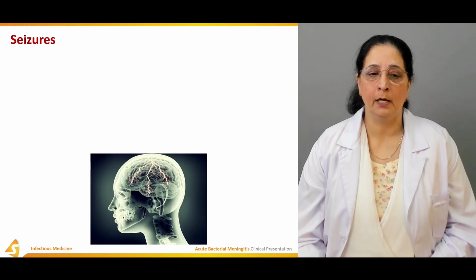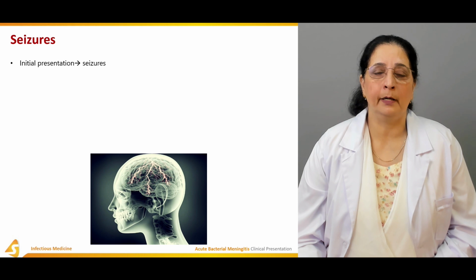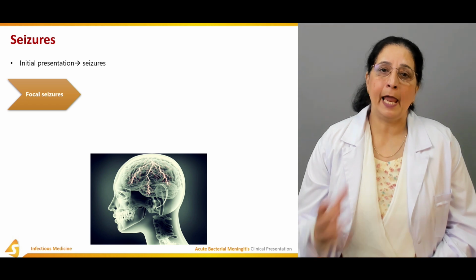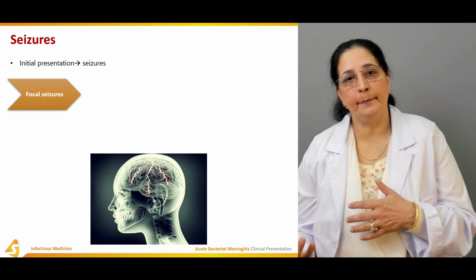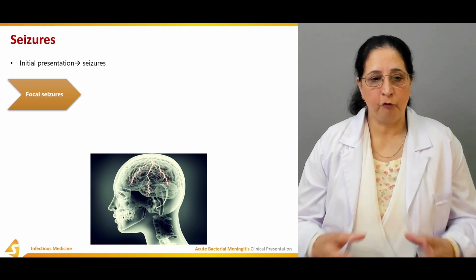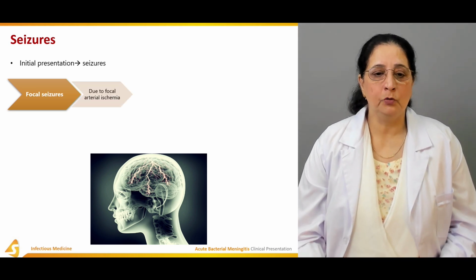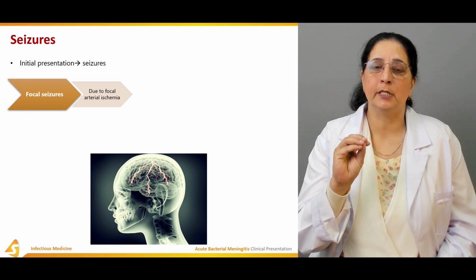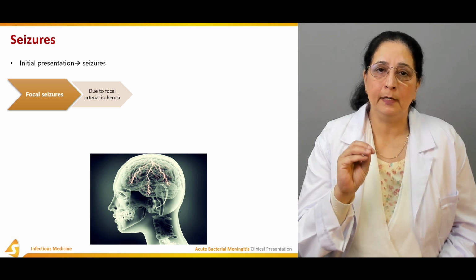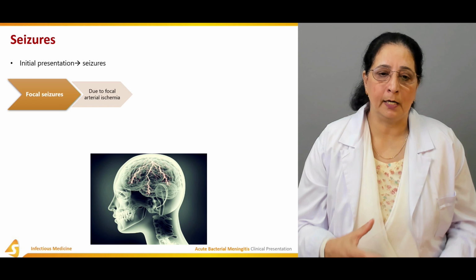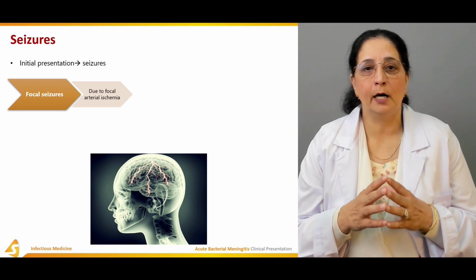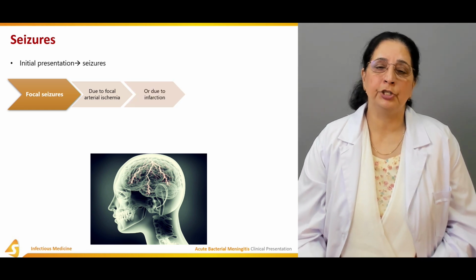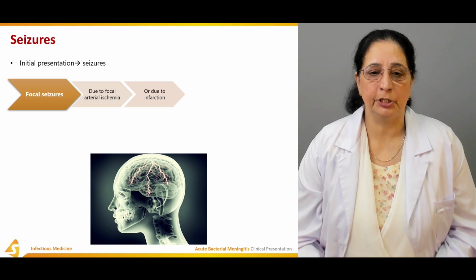Seizures, again, are a common presentation in the initial phase of bacterial meningitis. They can be focal seizures or generalized seizures. The focal seizures are due to one area being affected, with ischemia of that particular area. Ischemia is decreased supply of blood, so due to focal arterial ischemia, or due to infarction, the death of the tissue.